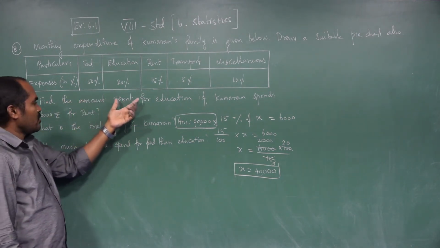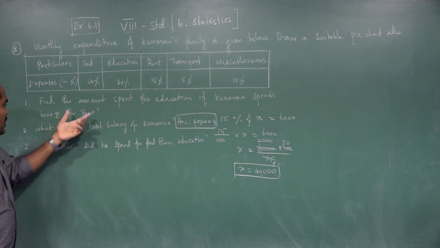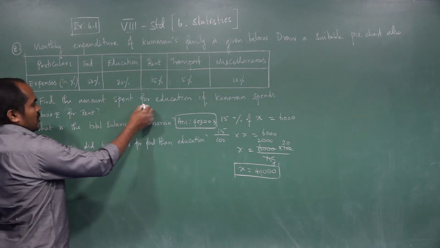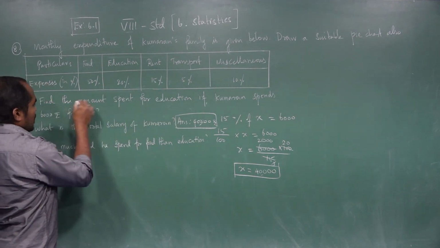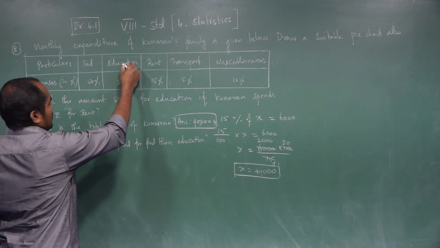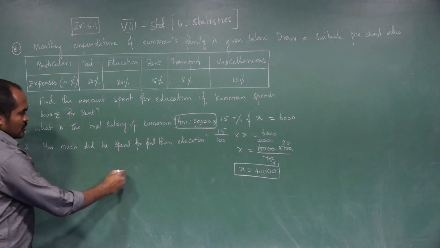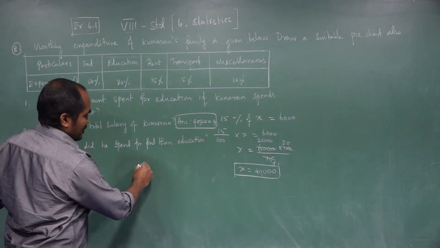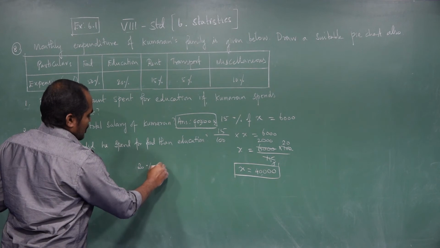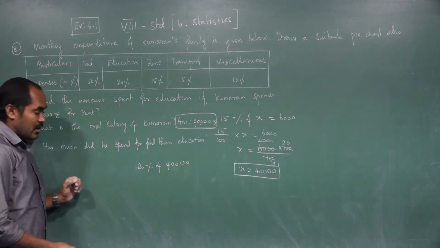Find the amount spent for education if Kumaran spends 6,000 for rent. We want to find the amount spent for education. So for education, Kumaran spends 20% of total salary. So 20% of 40,000.